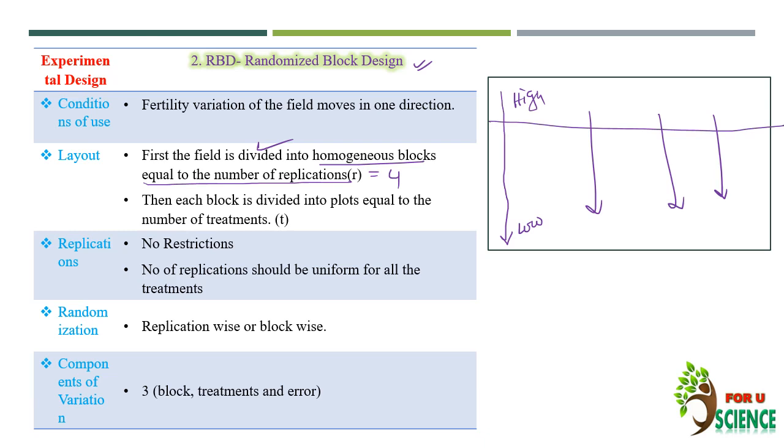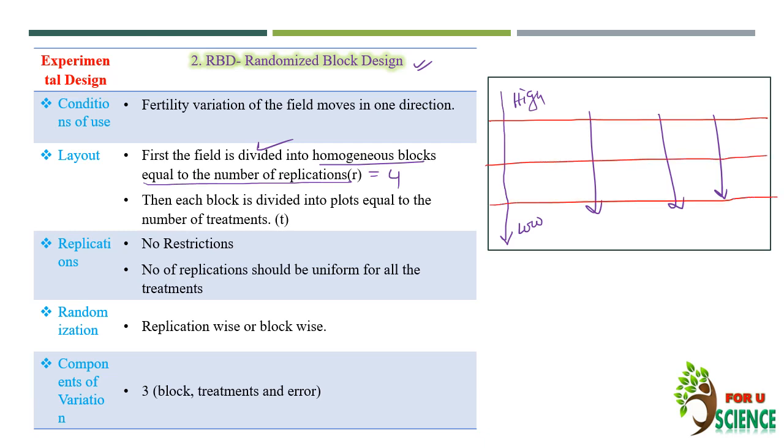What we will do, we will divide our field into four homogeneous blocks. Suppose it is block 1, block 2, block 3 and block 4. And each block we will divide into some small plots equal to the number of treatments.